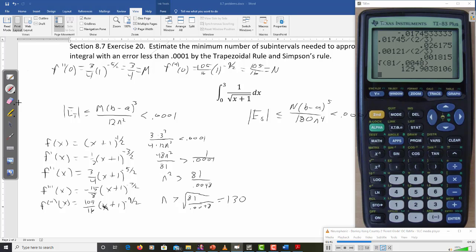Let's do it for Simpson's rule. So this is going to be very similar. Plug in our 105 over 16. 105 times 3 to the 5th over 16 times 180 n to the 4th less than 0.0001. Flip both sides.